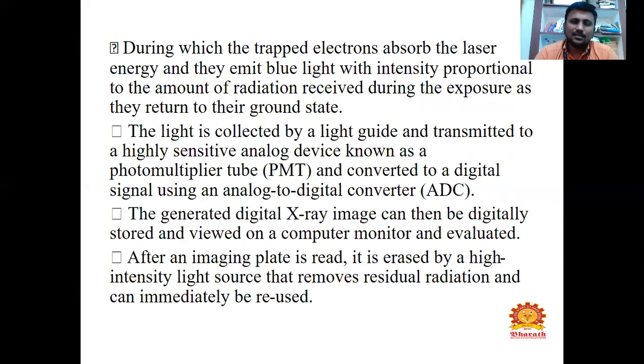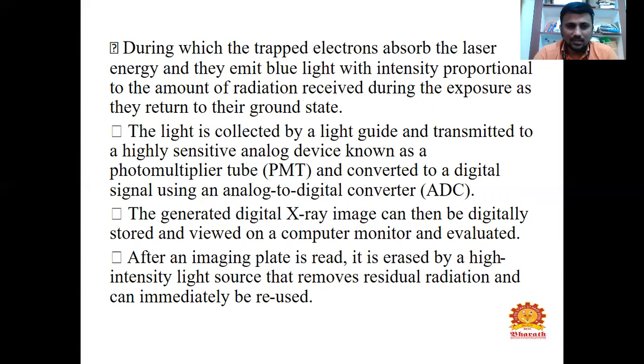The light is collected by a light guide and transmitted to a highly sensitive analog device known as a photomultiplier tube, called PMT for short, and converted to a digital signal using an analog to digital converter.